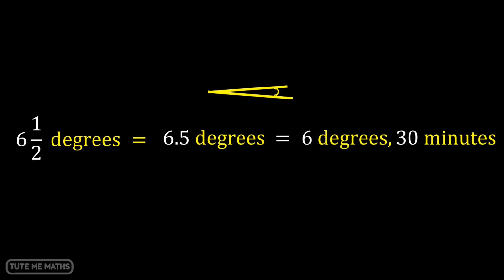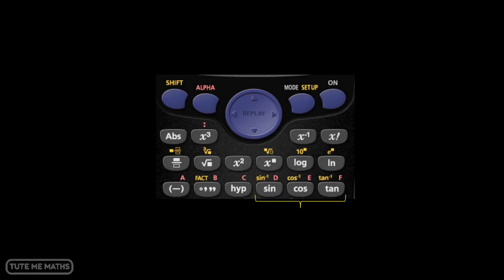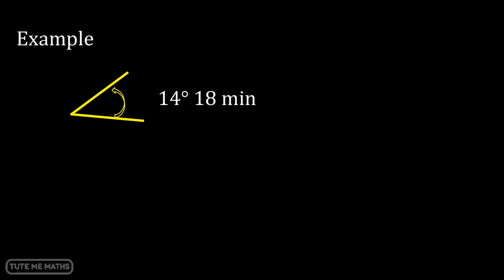At the very least, you will need to understand all three forms and be able to enter them correctly in your calculator, including when using the trig ratio buttons sine, cos and tan. For example, a diagram might include an angle written as 14 degrees 18 minutes, which is equivalent to 14.3 degrees.